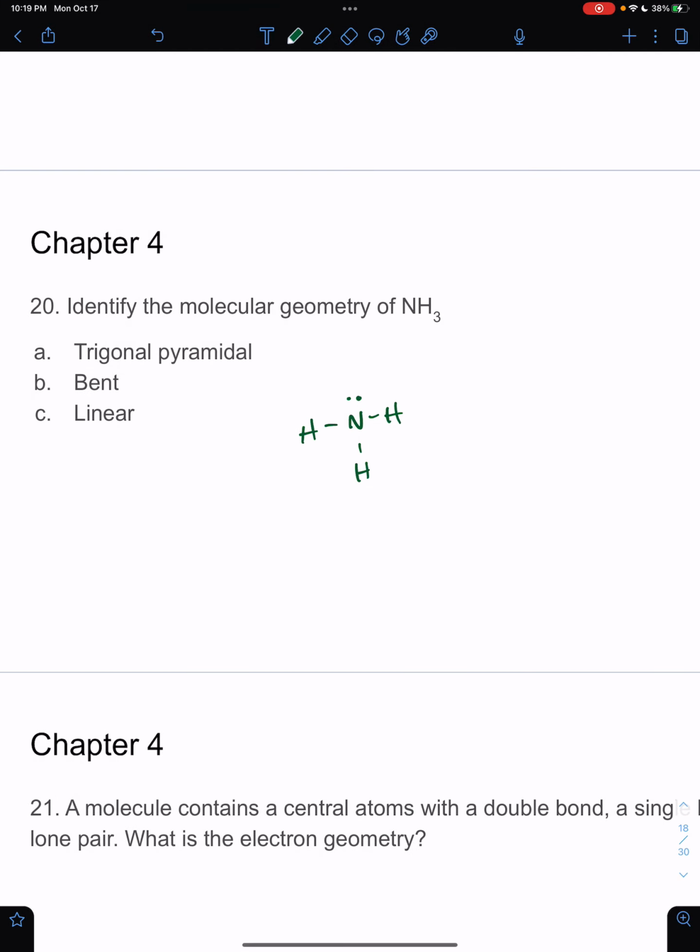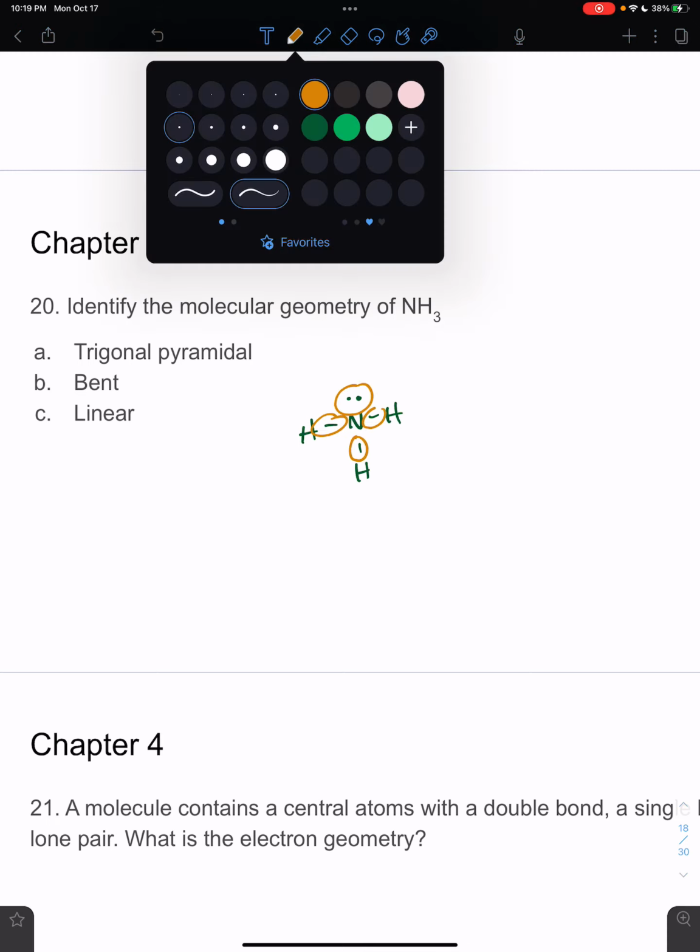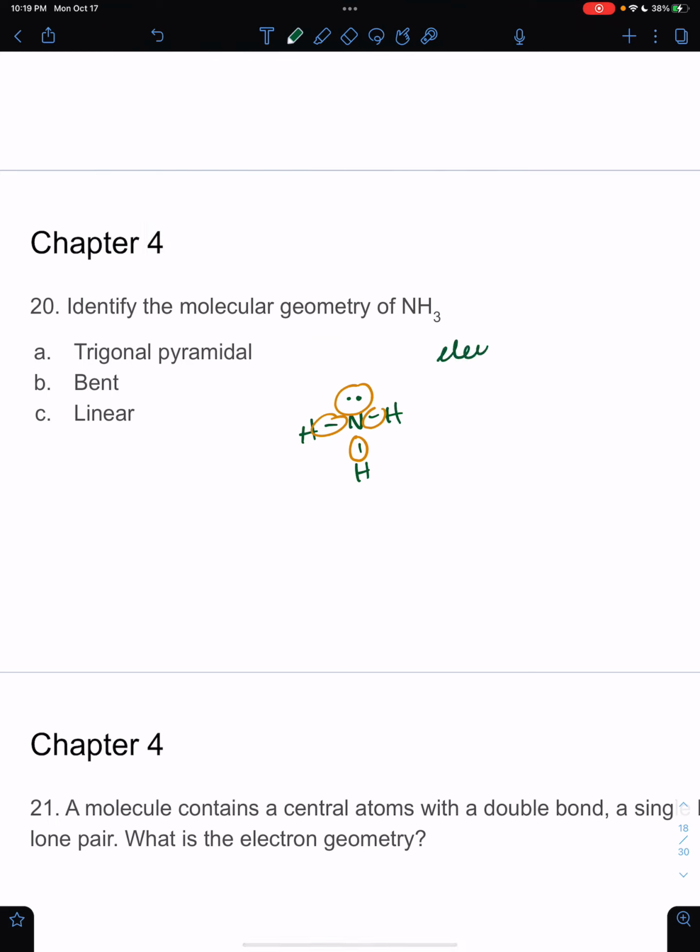So let's go back here. We got 1, 2, 3, 4. We got 4 electron groups and 1 lone pair. So that means it's going to be trigonal pyramidal.